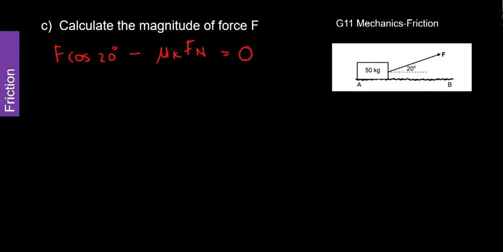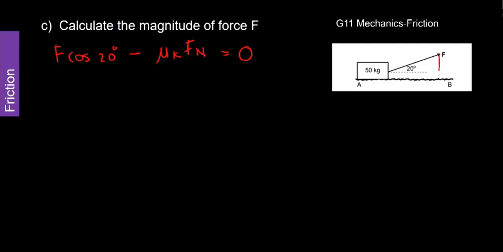So, because this object is being dragged up, there is a component which we've already drawn, which is this component here. It is the vertical component of the force F. Because that is adding to our situation, remember we're not lifting this, it's being dragged, but it's being dragged at an angle. That vertical component is going to play a part in the normal force.